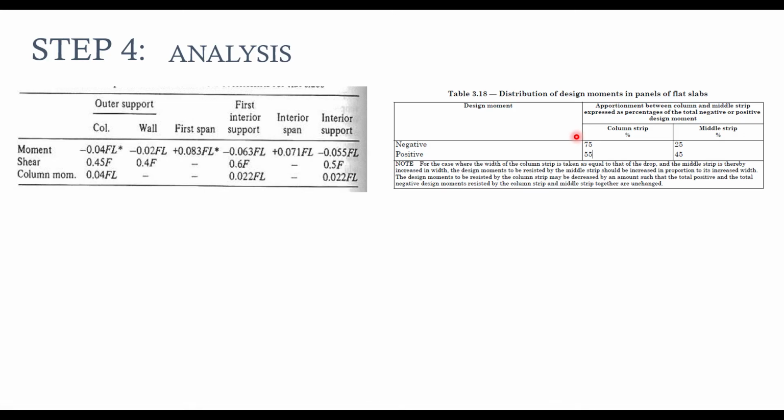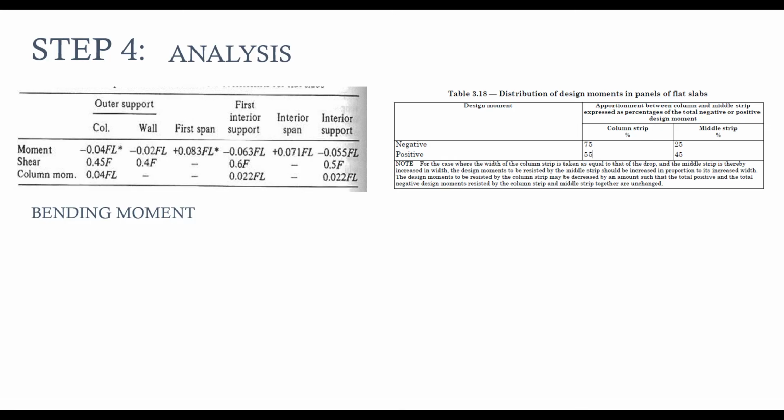So the middle strip takes 25%. But when you have a positive moment, that is a sagging moment, the column strip takes 55% and the middle strip takes 45%. We are going to see how to apply this practically.